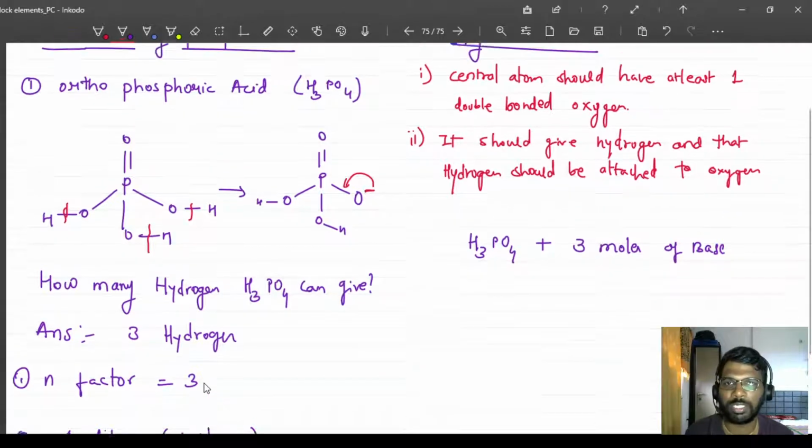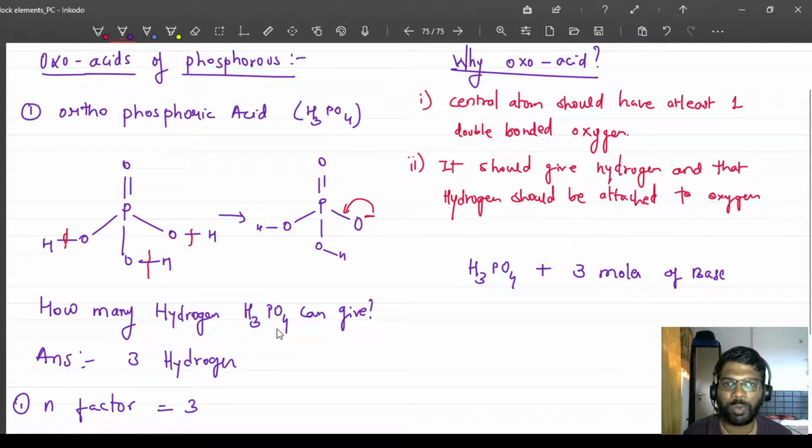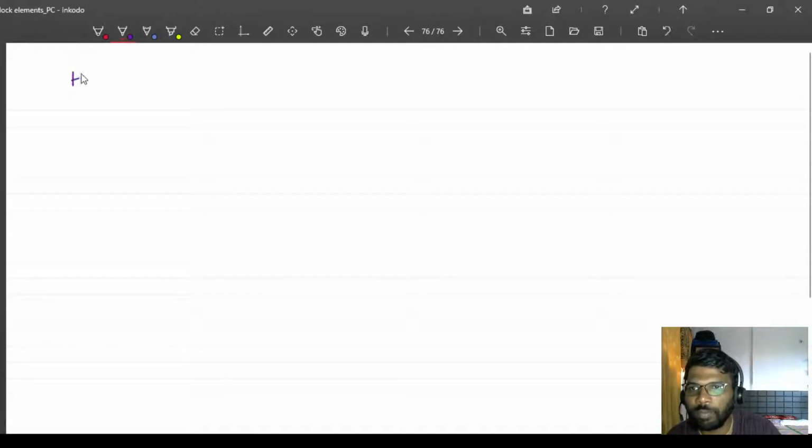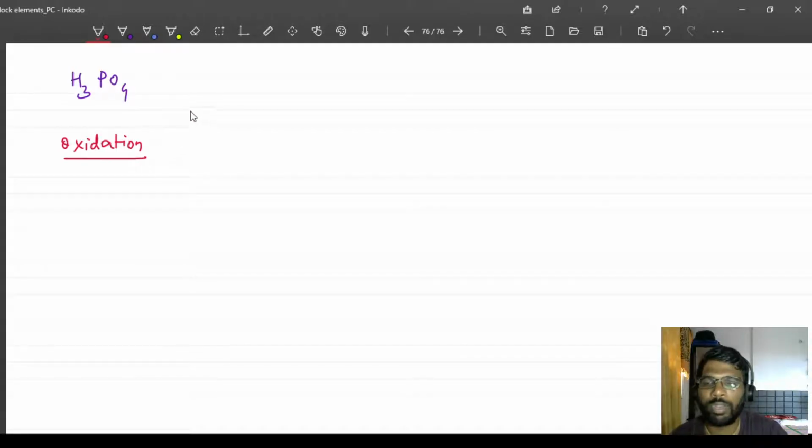Now what is the oxidation state of phosphorus over here? I will write the formula again. It is H3PO4. It is very important that you know how to calculate the oxidation state of the central atom. Since there are three hydrogens, each with plus one charge, that is 3, and phosphorus I'll put x.